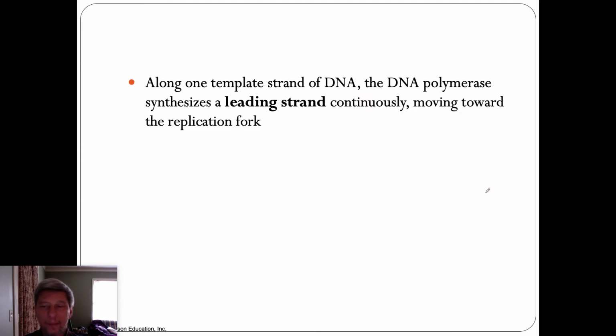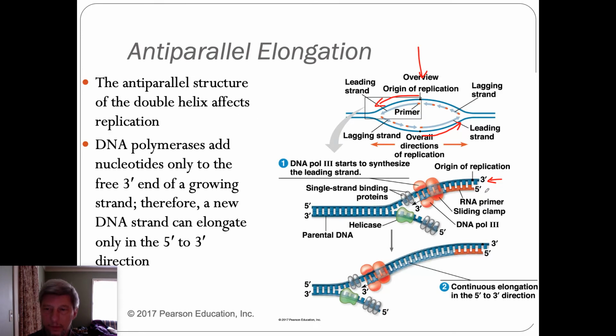So we add a 5' RNA nucleotide here and move this way. This enzyme right here represents the DNA polymerase, one of the DNA polymerase molecules. Here's the helicase, which is unzipping this way, right? We're moving in this direction.